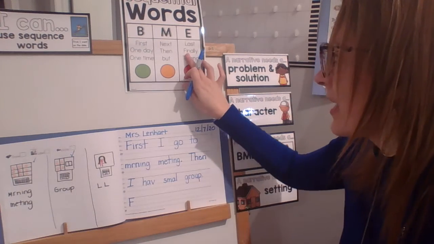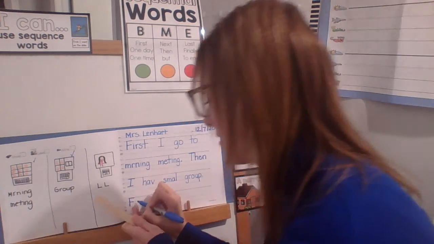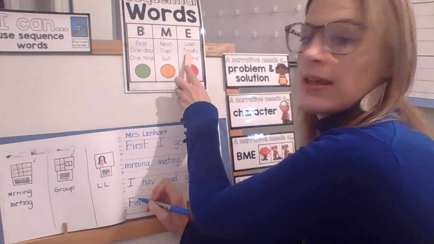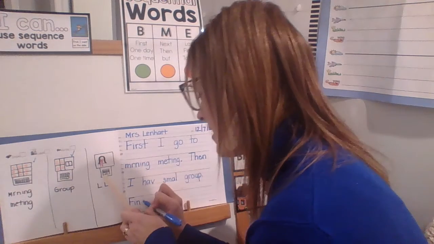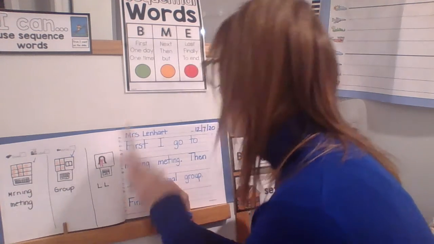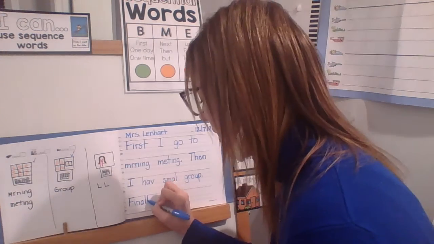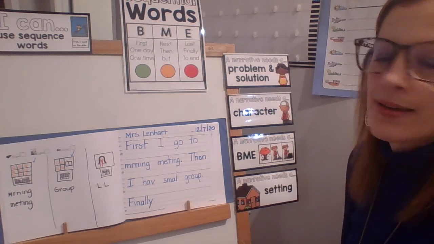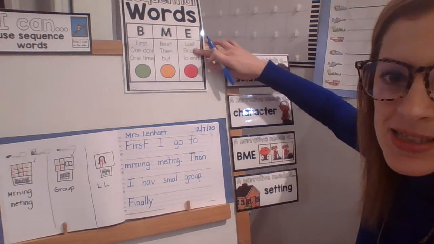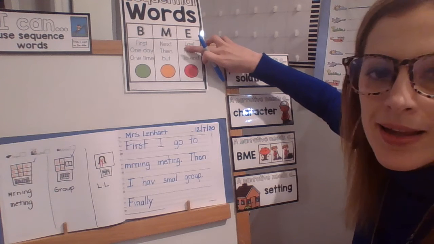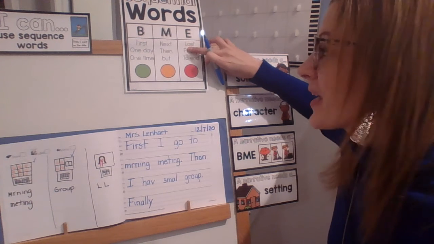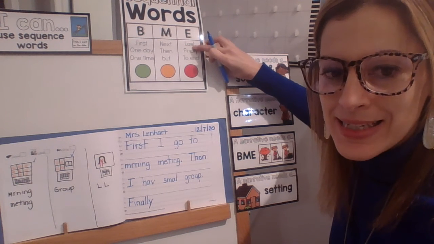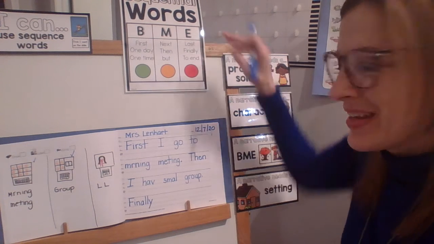So finally, I have an I, an N, an A, an L, another L, and a Y. If you wrote last, you're going to start with a capital L, a lowercase a, an S, and a T. All right.